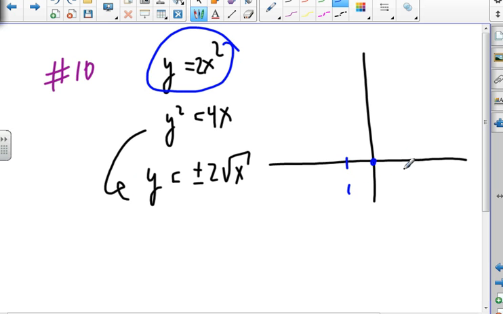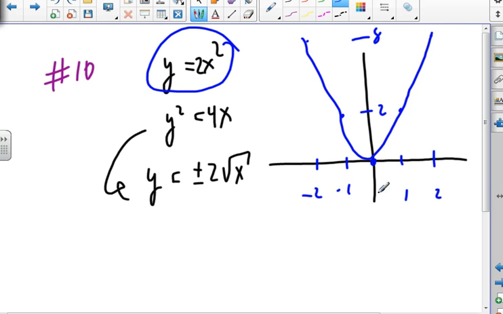If I'm at 1, I'm going to be at 2. And if I'm at plus or minus 2, then I'm going to be at 8.